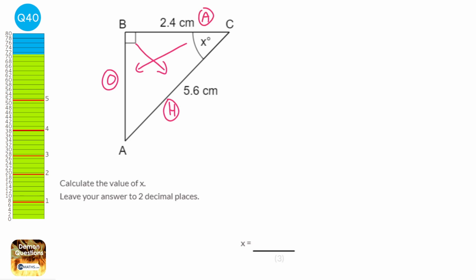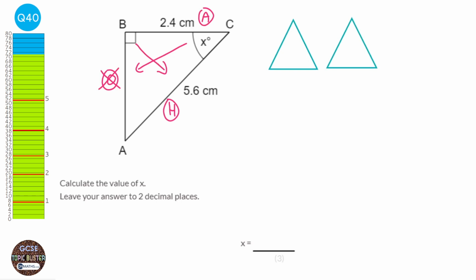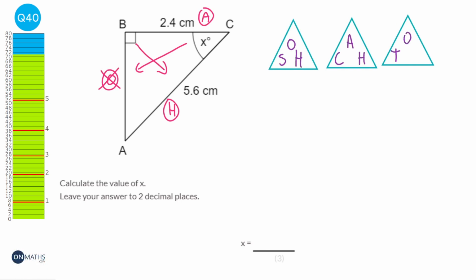Now we're going to cross out the opposite because it's not needed, because it doesn't have a number or a letter next to it. And we're going to write out SOHCAHTOA, which we do every time we do trigonometry. And we're going to look and see which one we're going to use.